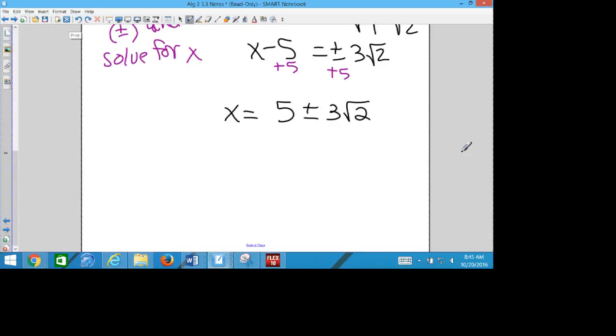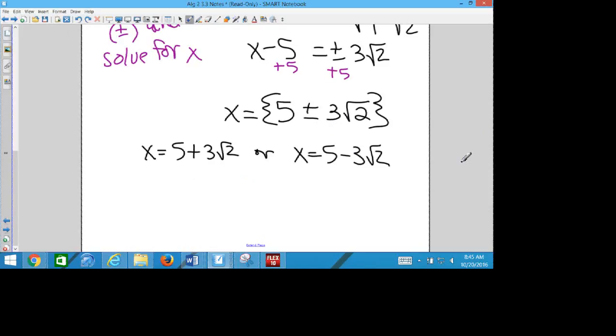So you could write your answers like x equals 5 plus 3 radical 2, or x equals 5 minus 3 radical 2, or you could write your answers just with the fancy brackets and have both of them in it, which is what I prefer. This way right here. But you could also write both of them separate if you feel like you're there.